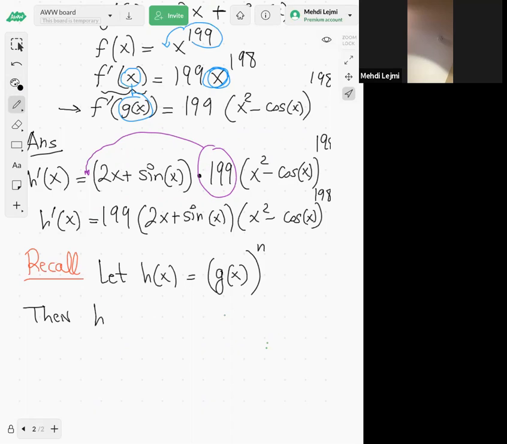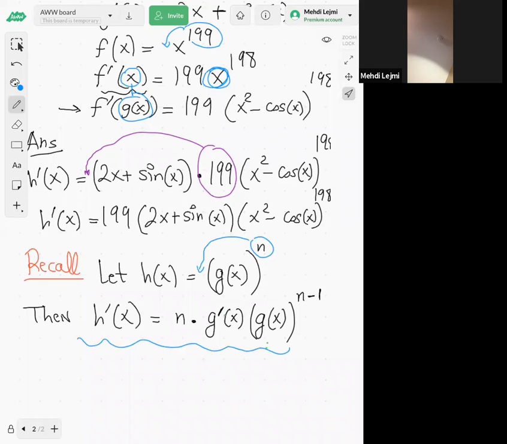Then h prime of x is just n, you put this n here in front, times g prime of x, and then times g of x to the power n minus 1, where you subtract 1 from the power. Whenever you have a function to the power n, you can apply this rule here. And again, this is a consequence of the chain rule. I think we proved this last time, right?